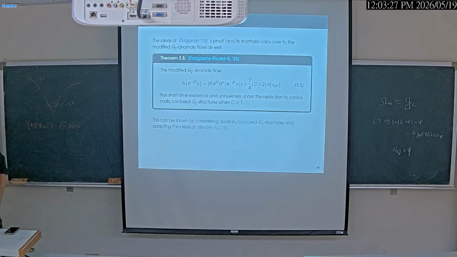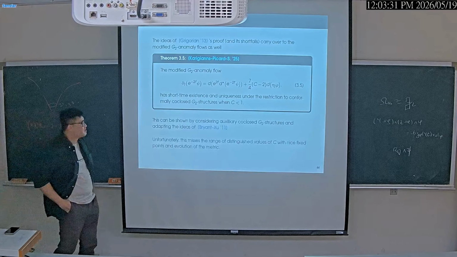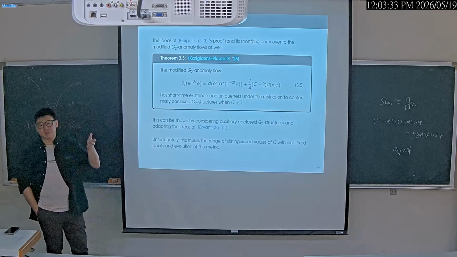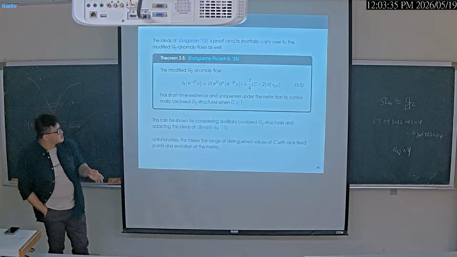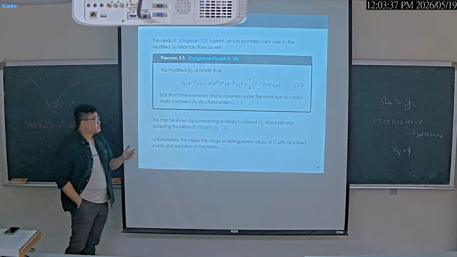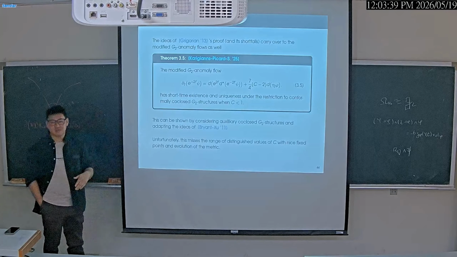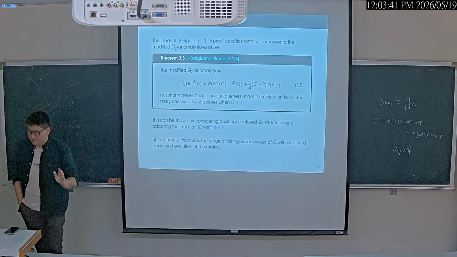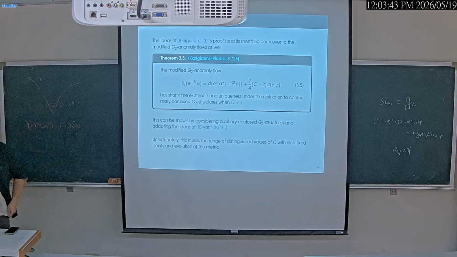So it seems like you have to pick either to have nice fixed points and a nice evolution of the metric, or to have short-time existence and uniqueness, based on this analysis so far. Slightly unfortunate.